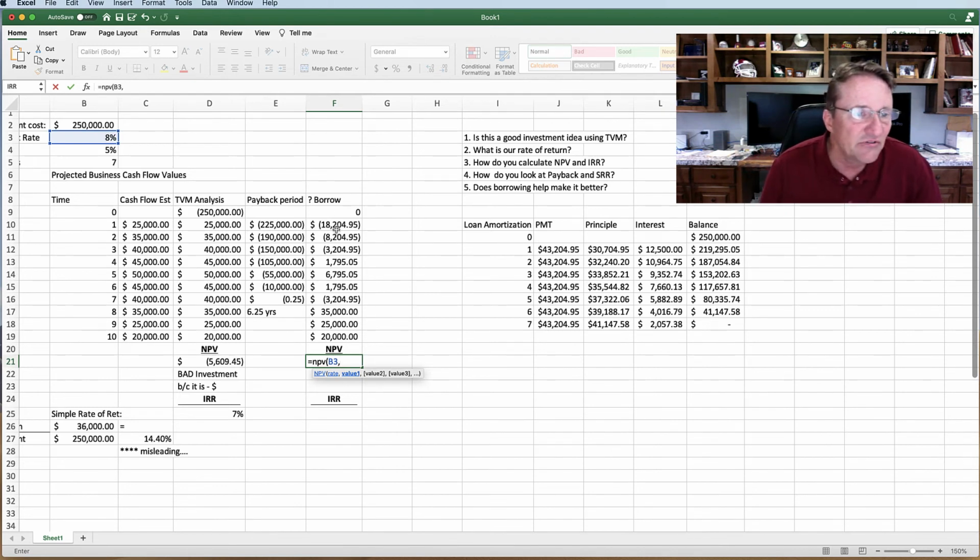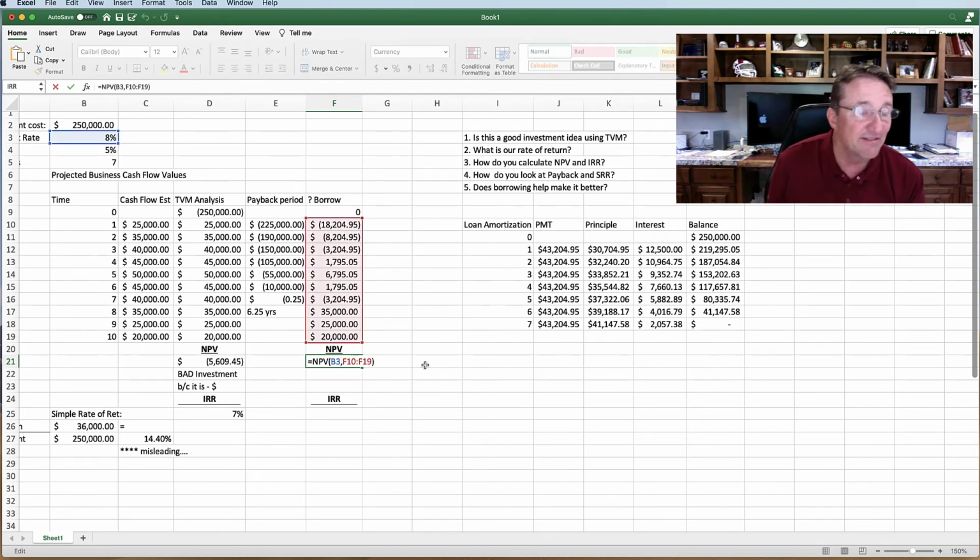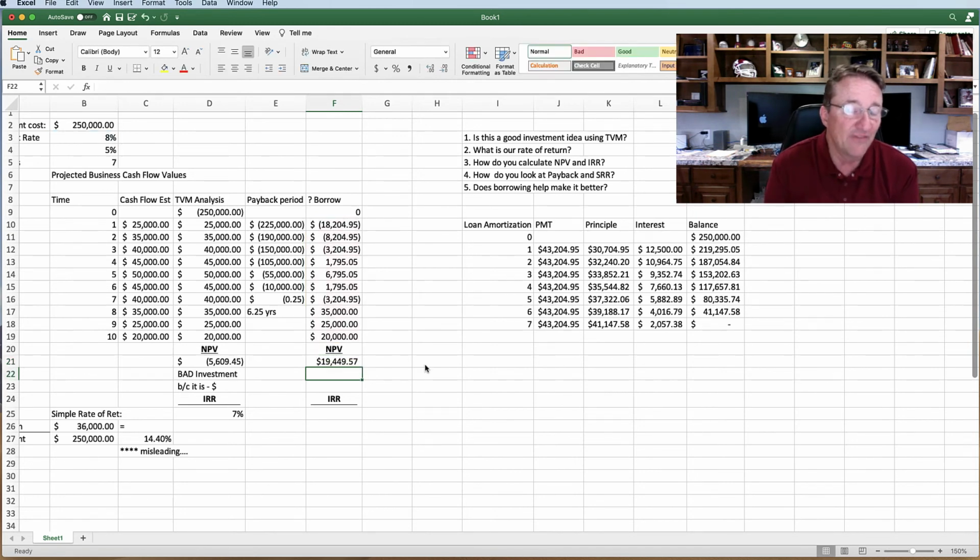The values are from 1 to 20. We don't have any money up front, so we're done. Hit enter. Actually, it does look like your time value of money using these changes would help you have a better return. So you end up with a net present value of $19,000.